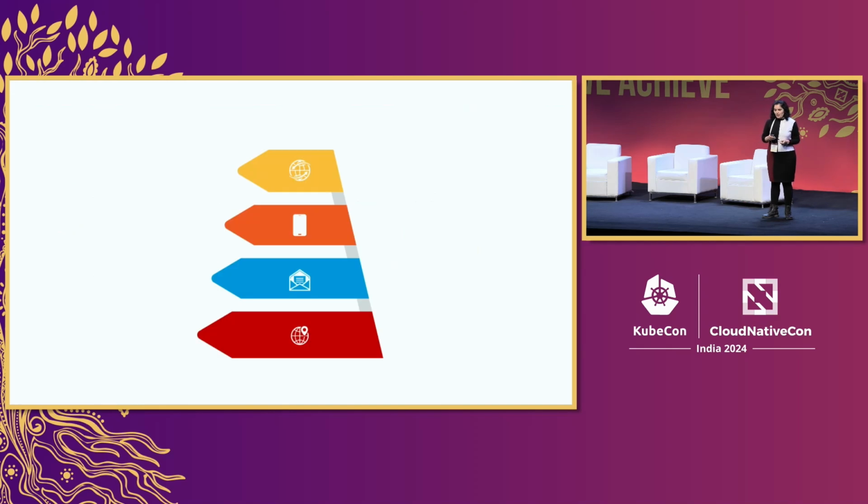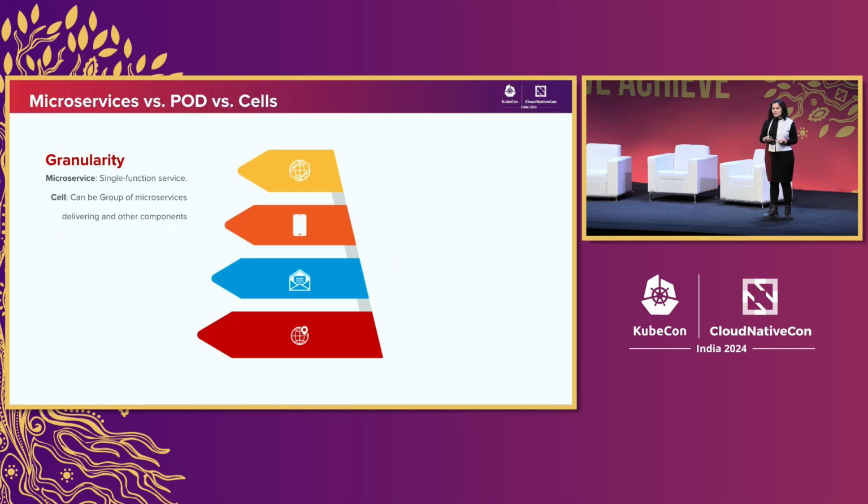With that said, let's compare microservice versus pod versus cell. I'll talk about microservices versus cell first. Granularity is the first thing where these 2 things are different. How does a microservice differ from a cell in granularity?